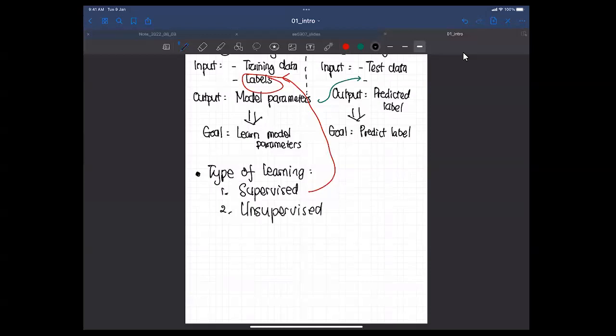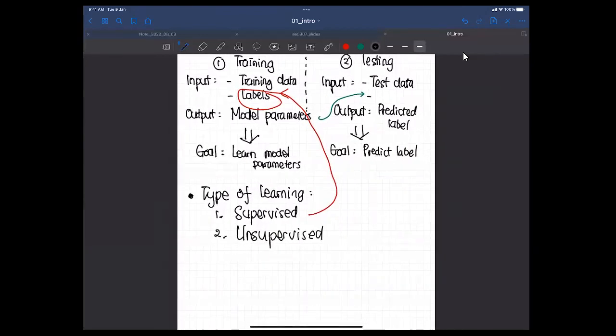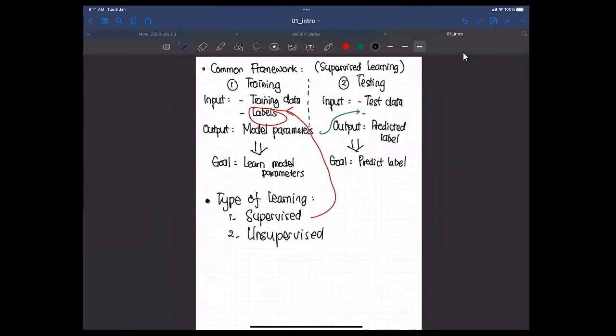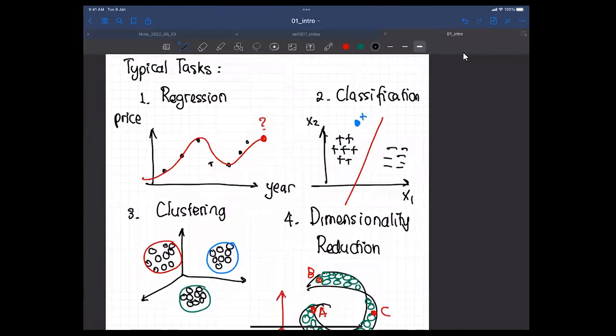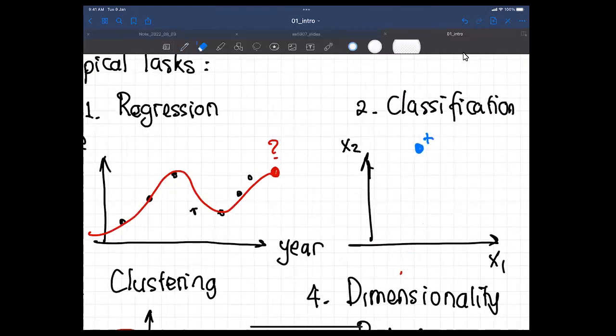What does it mean by unsupervised? It's basically you don't have the label there. Basically, there's no label in your training data. If you don't have the label of training data, you can imagine something like this, something positive and negative. But now you don't have the positive and negative.